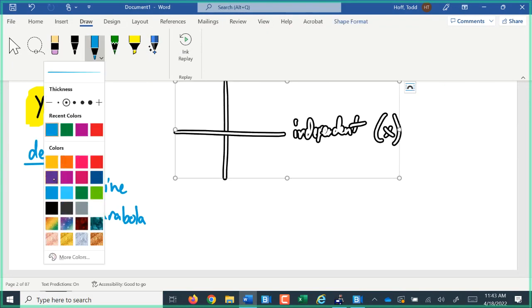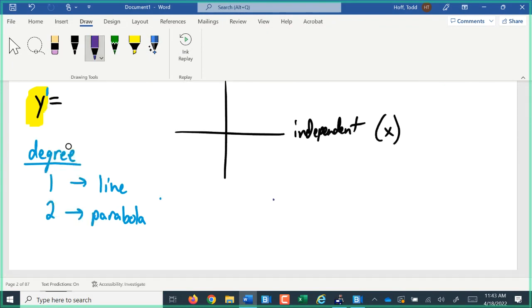Now, things we should be careful of: a root is technically a power on the variable. A square root of x is the same as saying x to the power of 1/2. So if there is a variable, or x, inside of a square root, that changes the shape. So we have to avoid that.